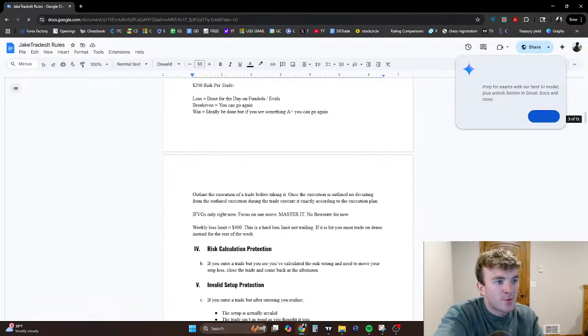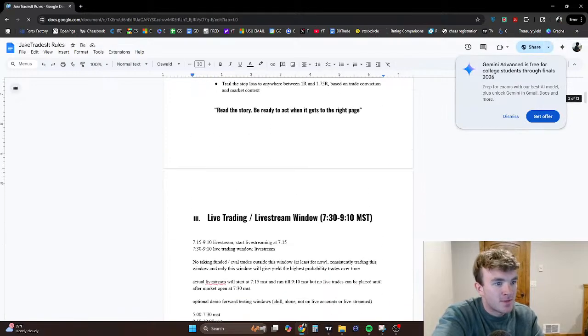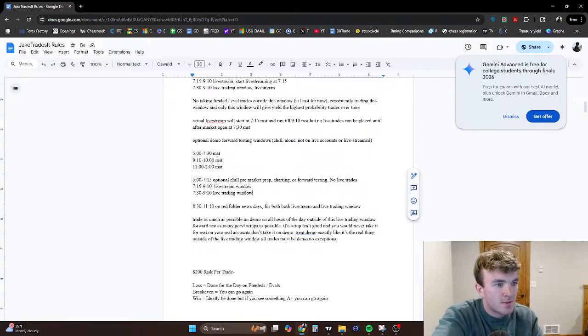So right now my rulebook's kind of messy because I'm adjusting a ton of stuff.